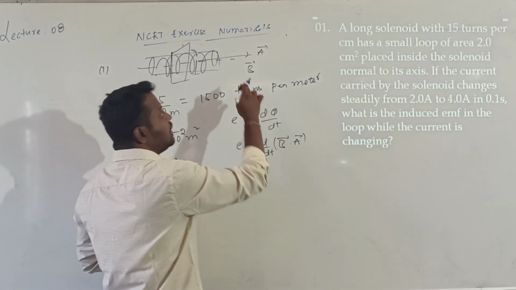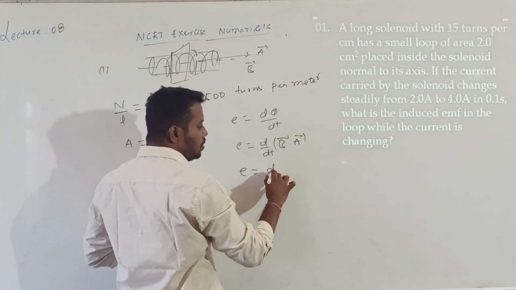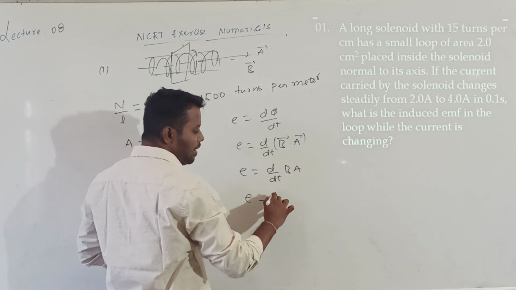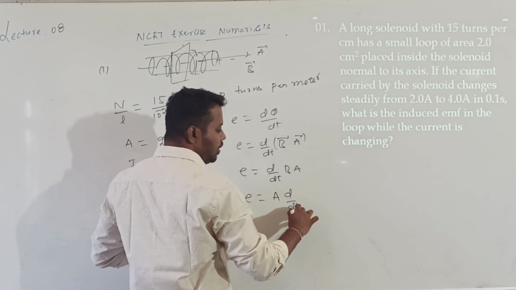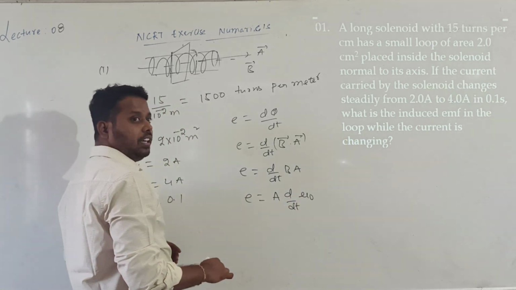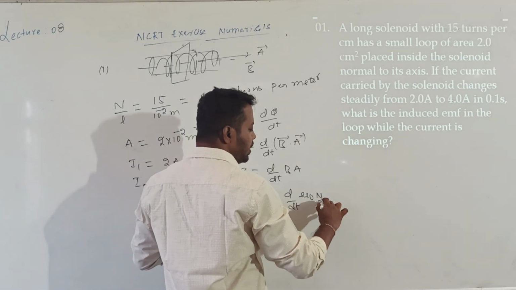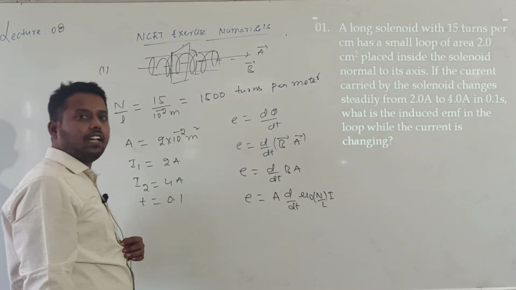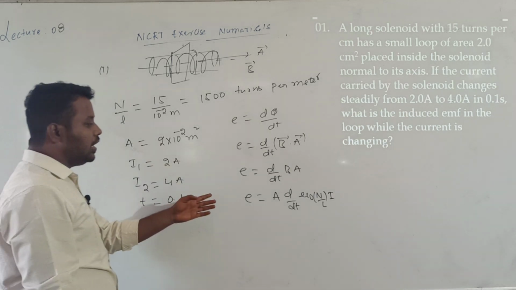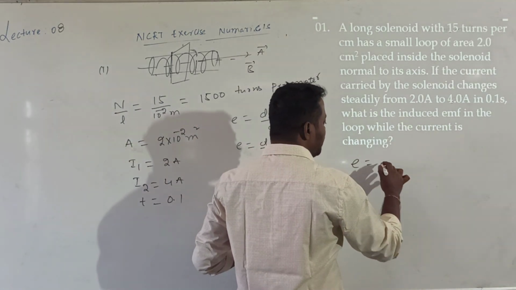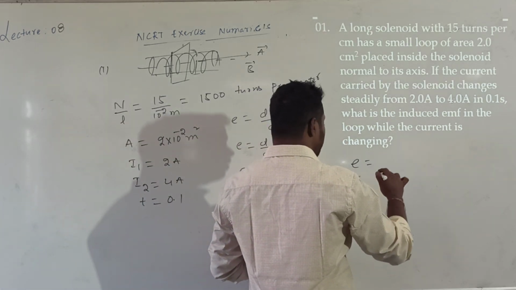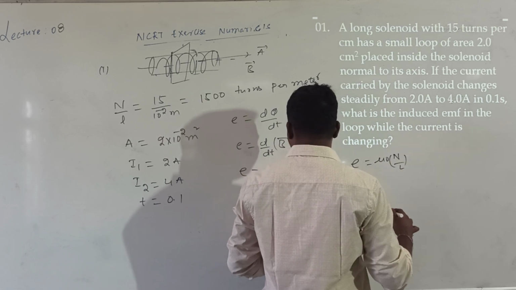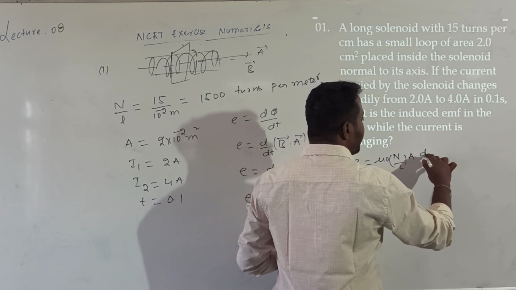Since B and A are in the same direction, E is d by dt of B into A. A is constant, and B is mu naught into N by L into I, the magnetic field due to a solenoid. So E is mu naught into N by L into A into di by dt.